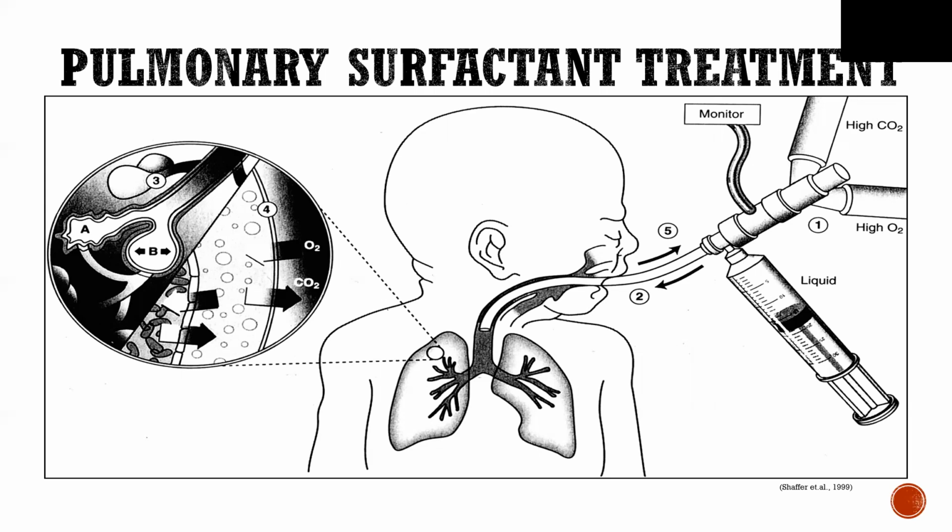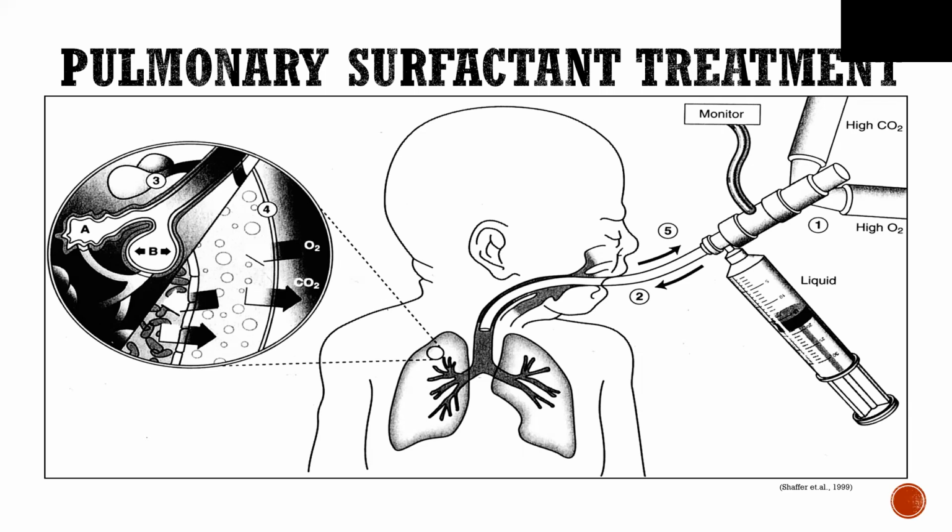Typically the replacement therapy with surfactant has to be accompanied by ventilation. As you can see in the picture, surfactant is being administered, but it is connected to oxygen as well. So the child is intubated.